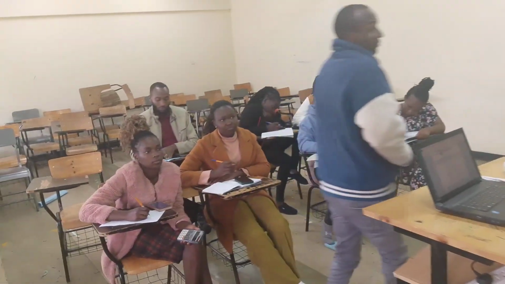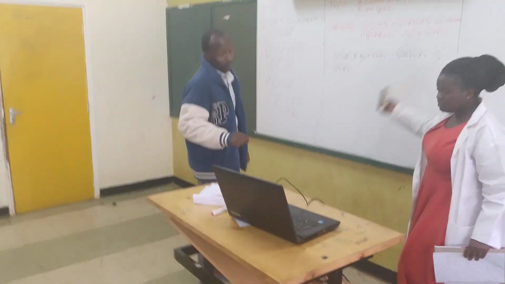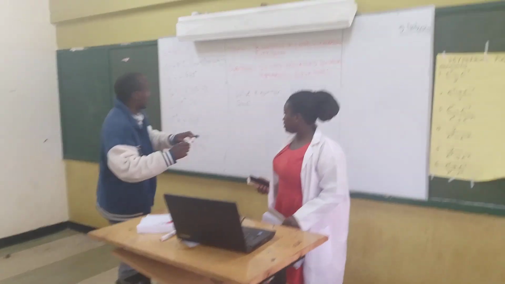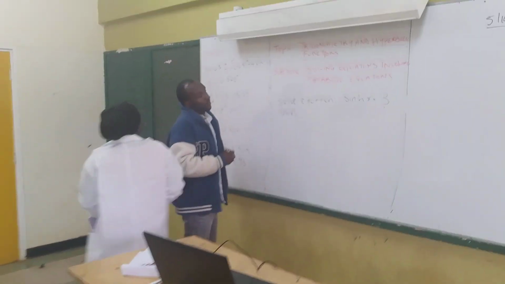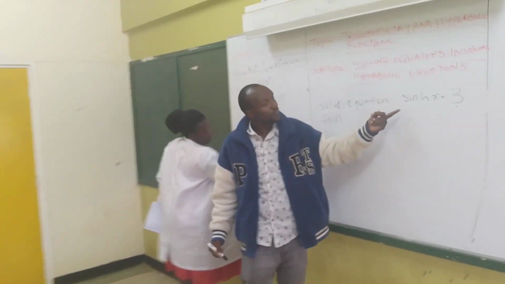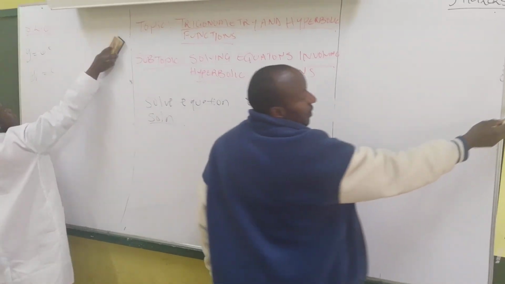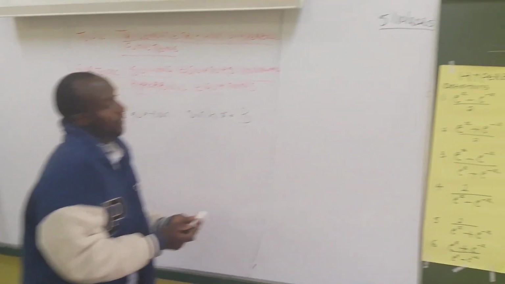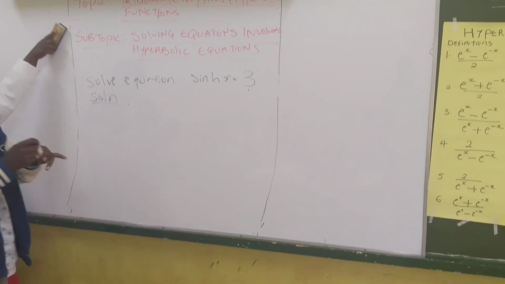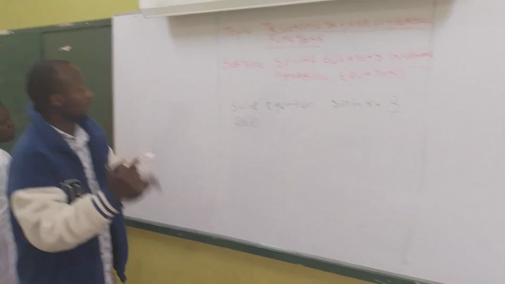Everyone pay attention. Let us have Moses show us the given equation. So, as you know, sinh of x is e raised to x minus e raised to negative x over 2.